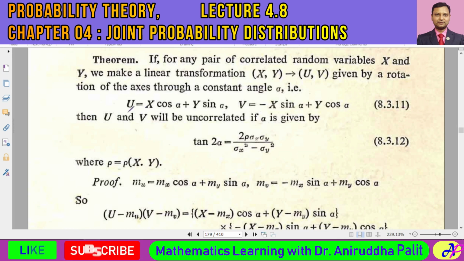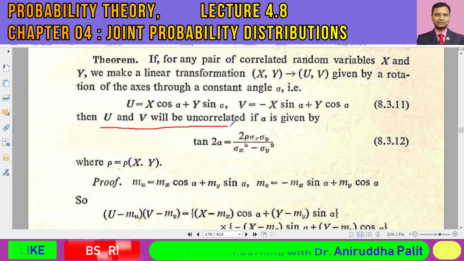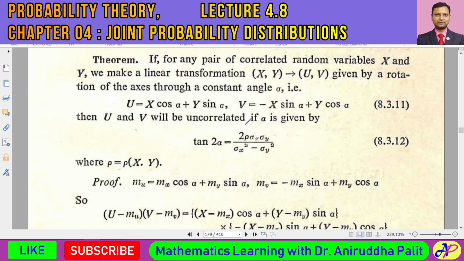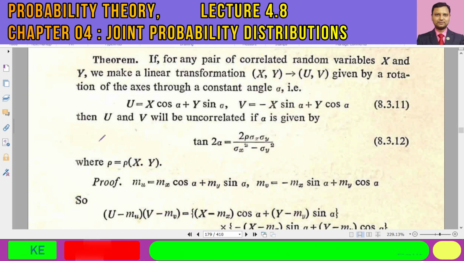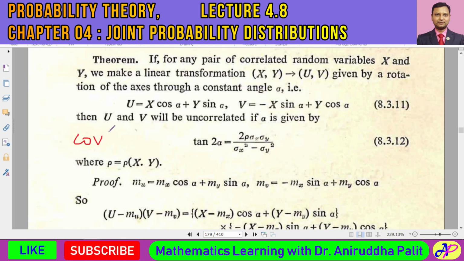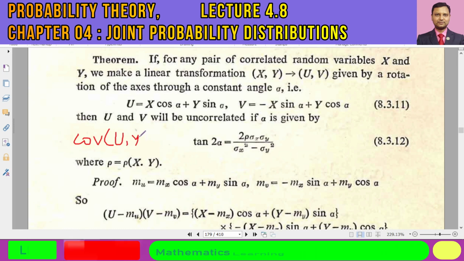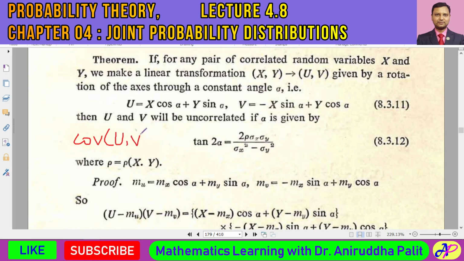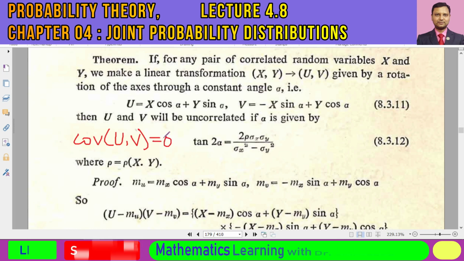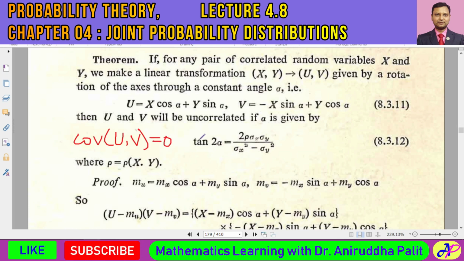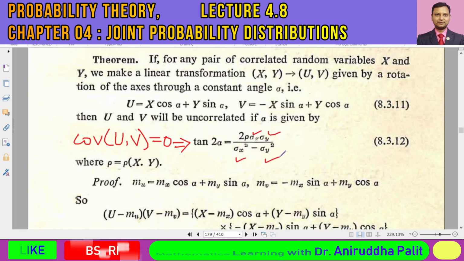And this result says that if u and v are uncorrelated, meaning they are linearly uncorrelated, that is, there is no linear relation between u and v, so that the covariance between u and v is equal to 0, then we shall have to show that tan of twice alpha is equal to twice rho into sigma x sigma y divided by sigma x square minus sigma y square.